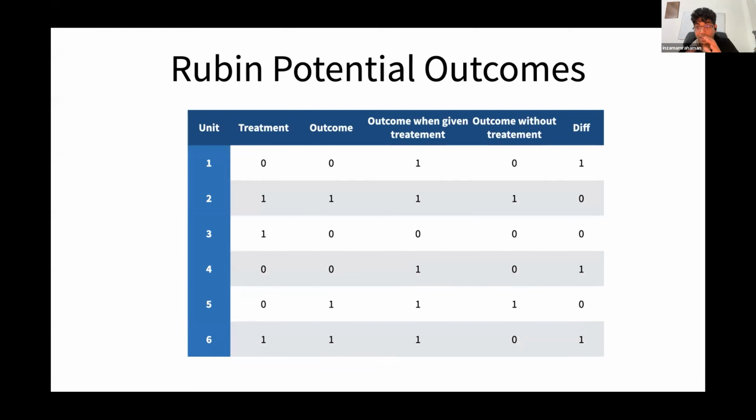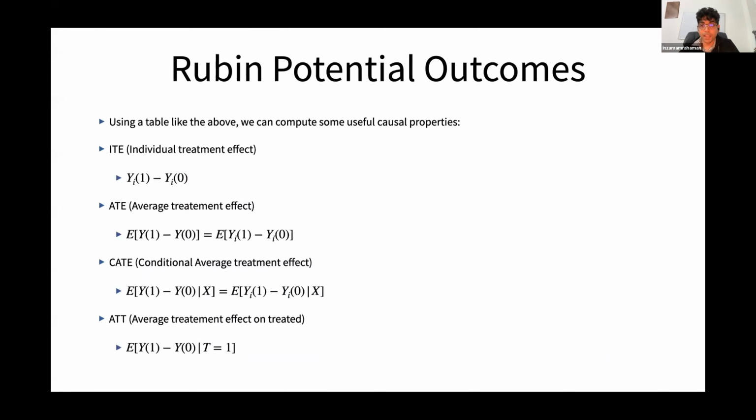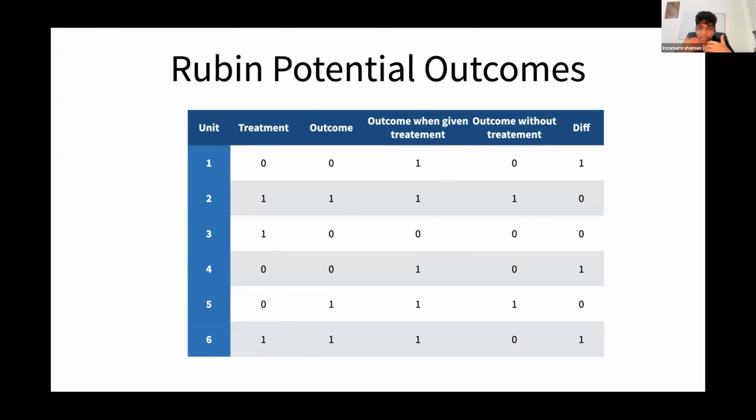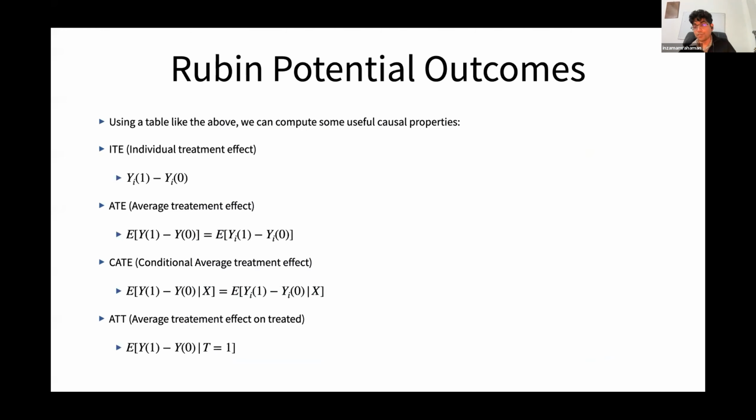What was the effect of the treatment on them alone? Using this framework, we can define these useful statistical quantities that we can estimate. We take these causal concepts and map them to statistics we can estimate.